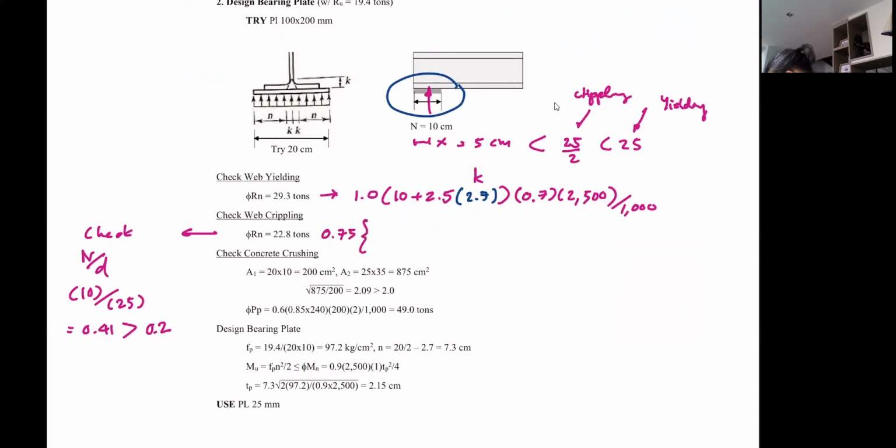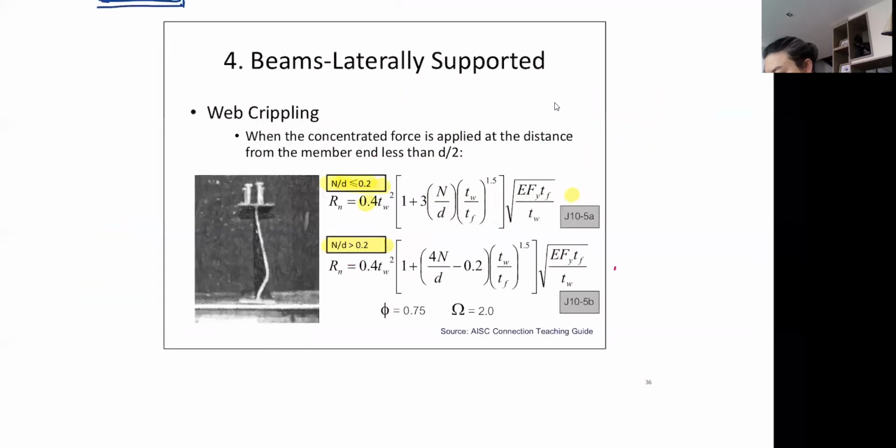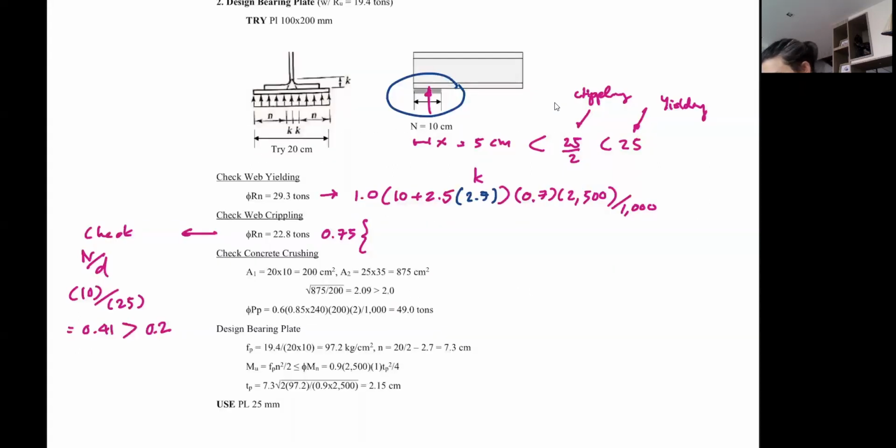Let's use the wing. Where did I get that from? Hang on a minute. 0.4 t squared. T is 0.7, right?